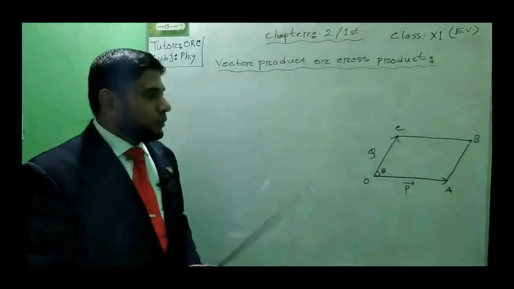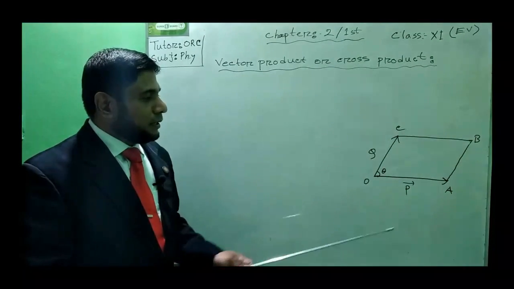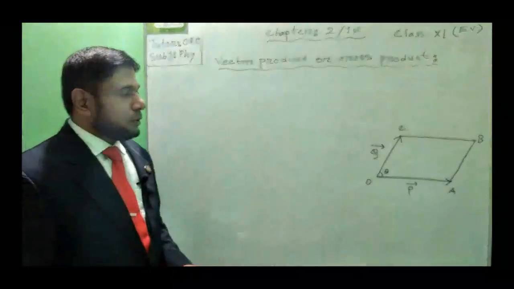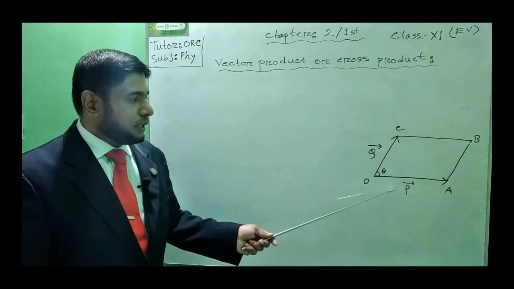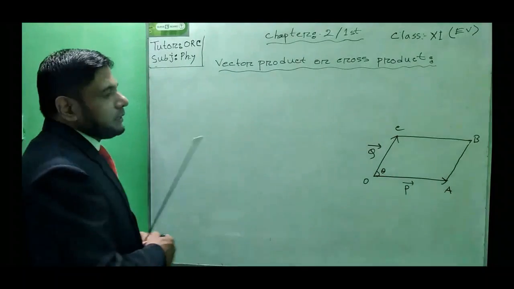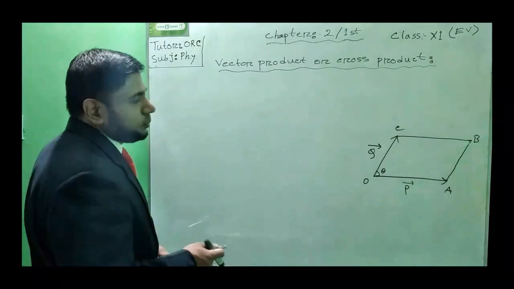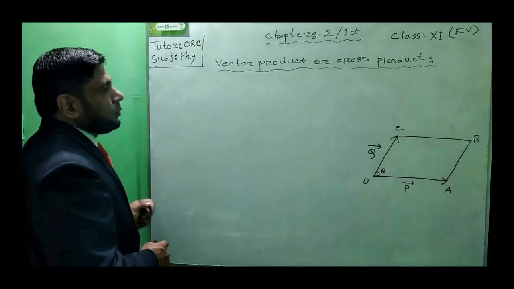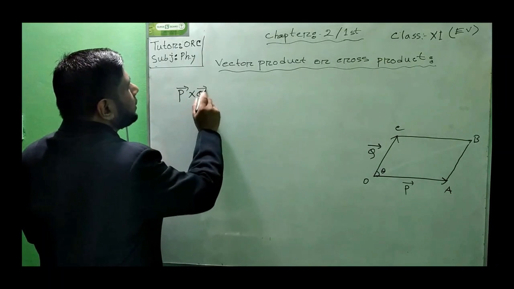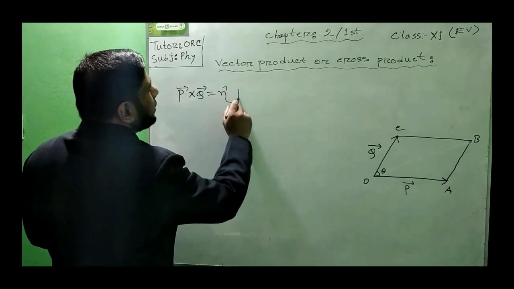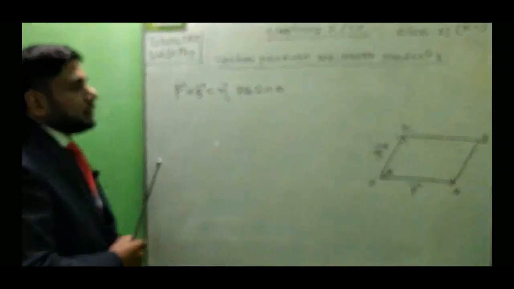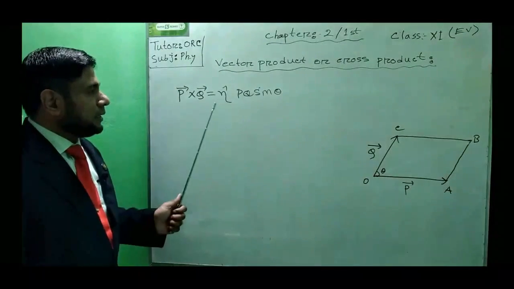According to the cross product, if we multiply these two vectors, vector P and vector Q, we will get the resultant: vector P cross vector Q equals n-cap P Q sin theta.